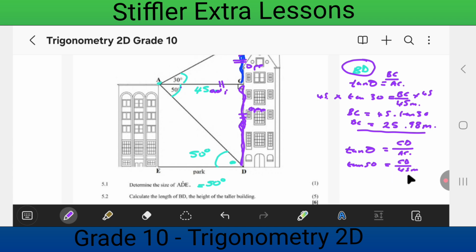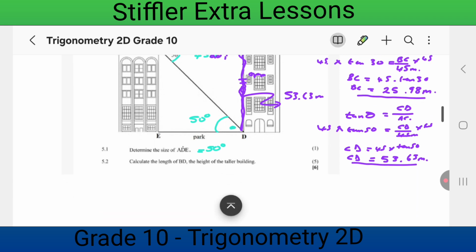Multiply both sides by 45, so CD becomes 45 multiplied by tan of 50, which is 53.63 meters.